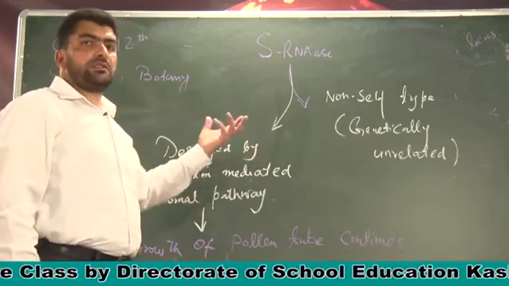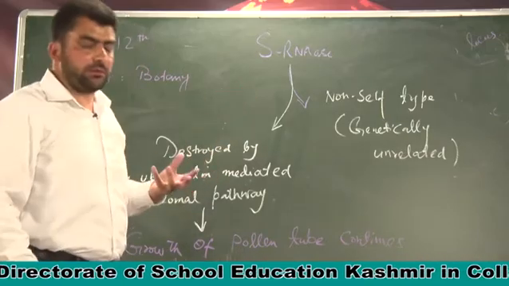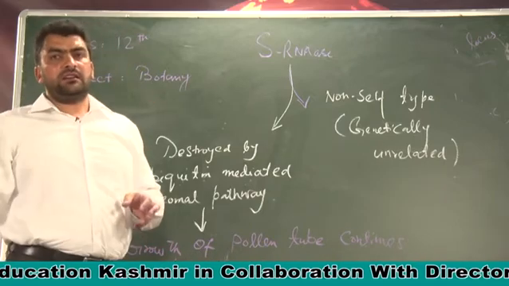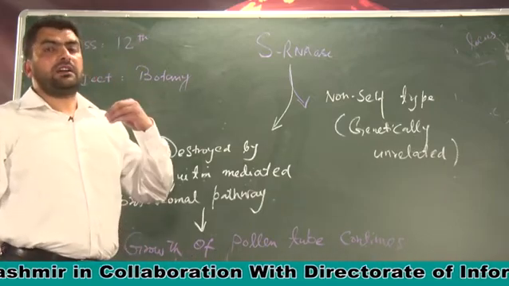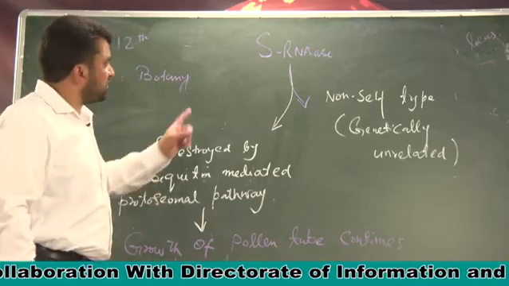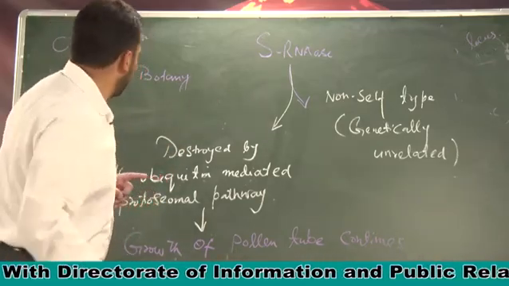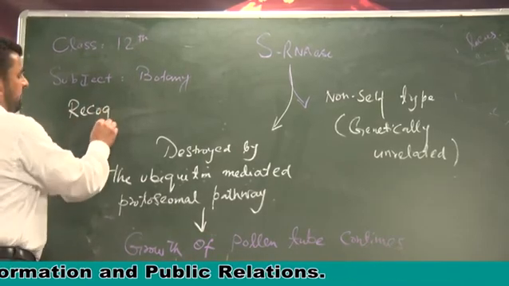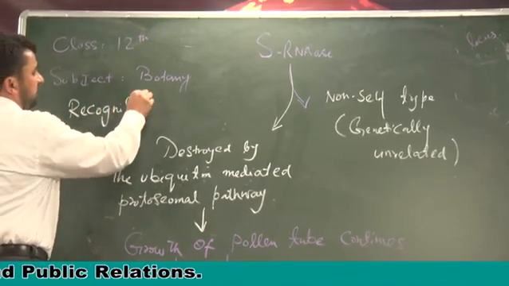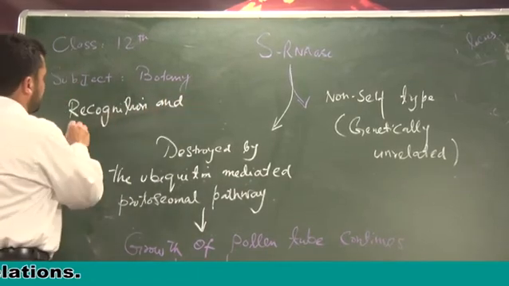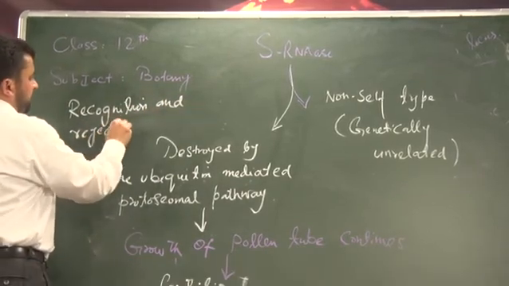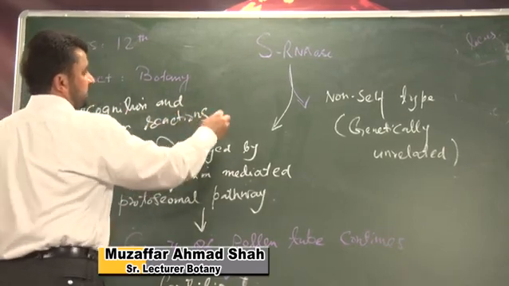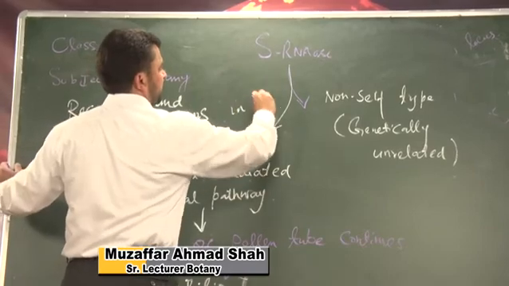The genotype of the male gametophyte or pollen tube itself gets recognized there and rejected there. So, in case of the GSI system, we have the recognition and rejection reactions taking place in the style itself.